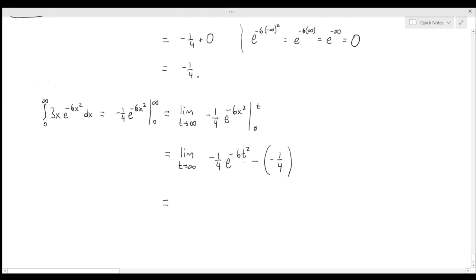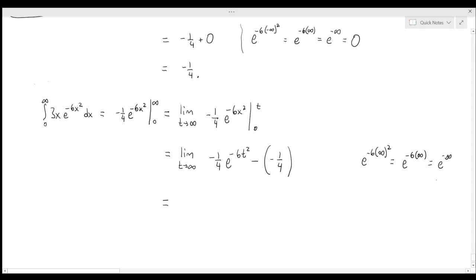All right, and then here, when you're trying to evaluate at infinity, if you were to plug in infinity for t, you get e to the negative 6 infinity squared. Infinity squared is just infinity still, and since you're multiplying by negative 6, it becomes negative in the end.